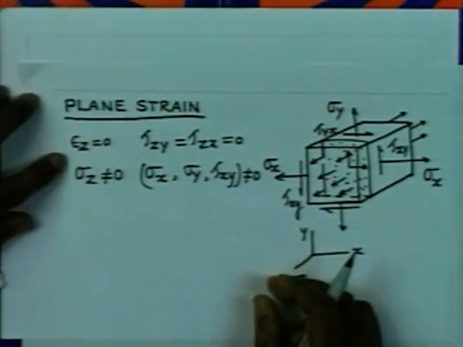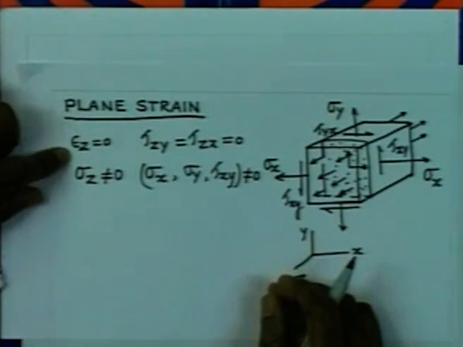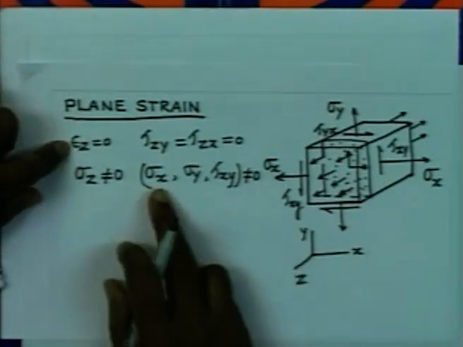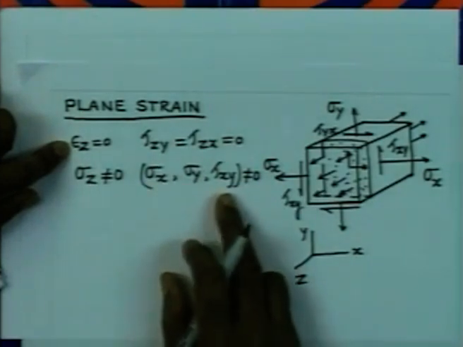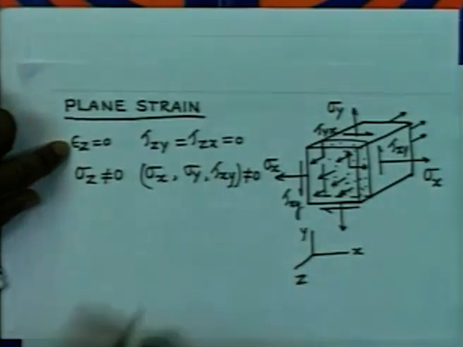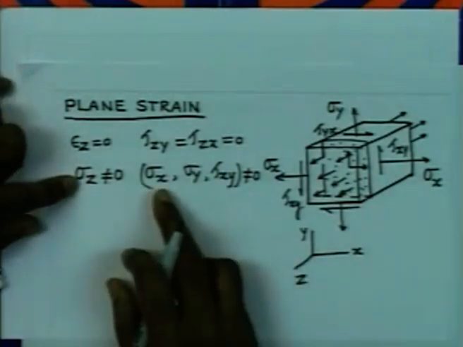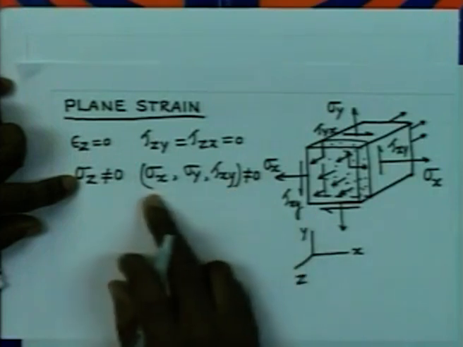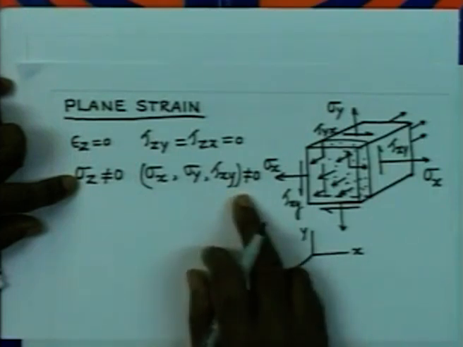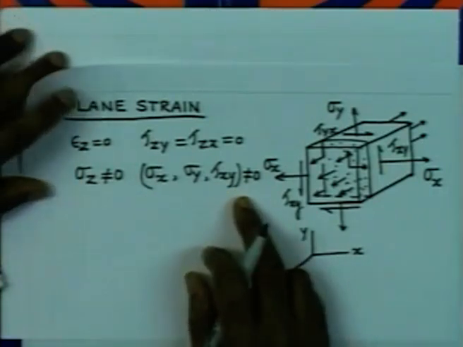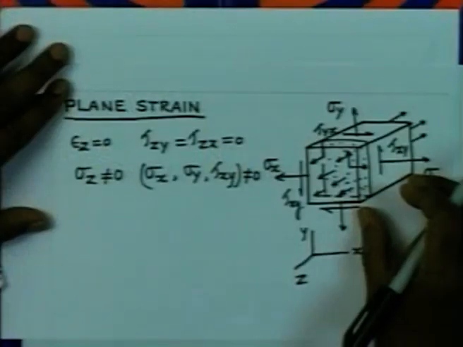So, in this case it is a state characterized by epsilon z equal to 0 and sigma x, sigma y, tau xy non-zero. Again, it can be described in terms of the stresses sigma x, sigma y, tau xy. You can also have a case wherein you allow a certain degree of contraction in the z direction.